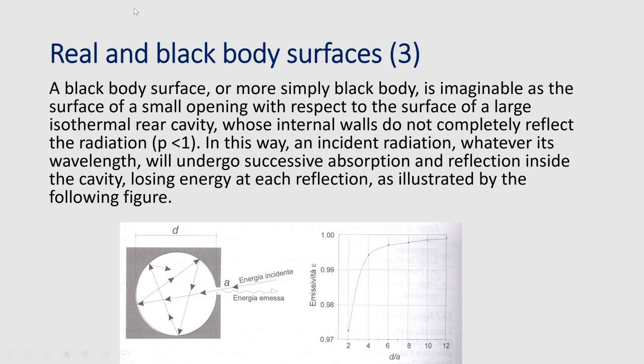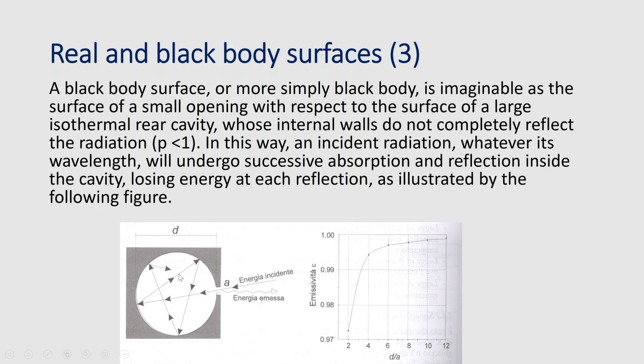So you have to imagine that to have a black body could be used what is called a radiant cavity, this one on the left part of the figure.